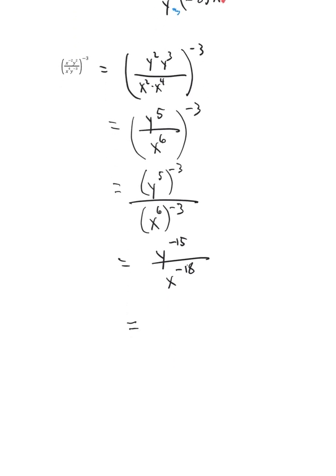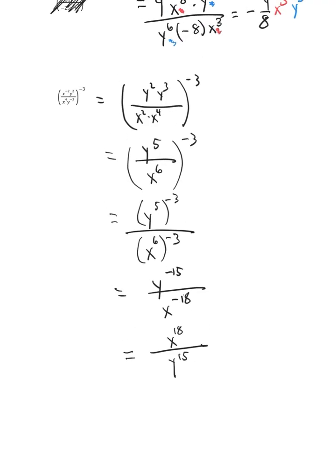And one last step to clear out those negative exponents, they both flip. So now you got y to the 15th on bottom and x to the 18th on top. That one was kind of a doozy there because we had negatives and then more negatives that had multiple rounds of flipping.